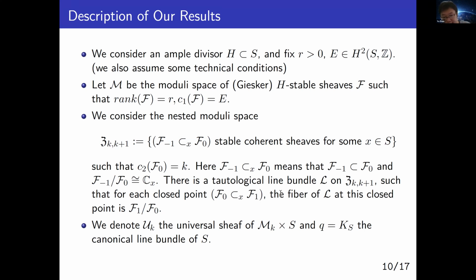But yes, on the nested moduli space D_{k,k+1} times S, there would be two universal sheaves, U_k and U_{k+1}. U_k and U_{k+1} are the pullback of U_k from M_k times S, and U_{k+1} from M_{k+1} times S. Yes, this is an important observation. Okay, thanks.